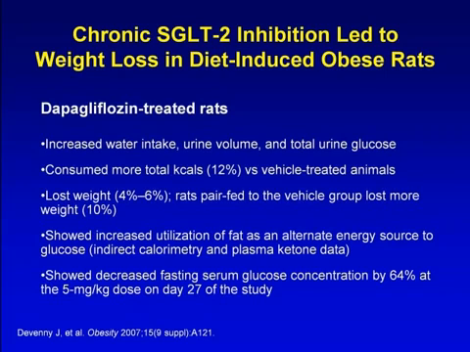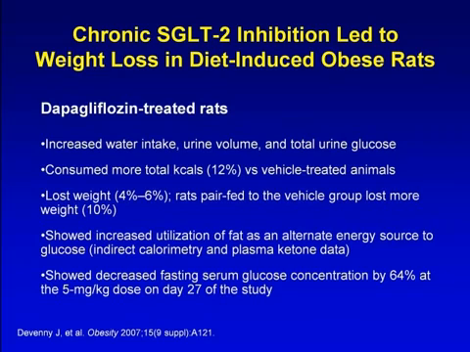The consumed calories was increased by 12% versus the vehicle-treated animals, meaning the controls. Although they actually consumed more calories, these animals actually lost weight, about 4 to 6%. And if you compare them to the vehicle group, they actually lost 10%.